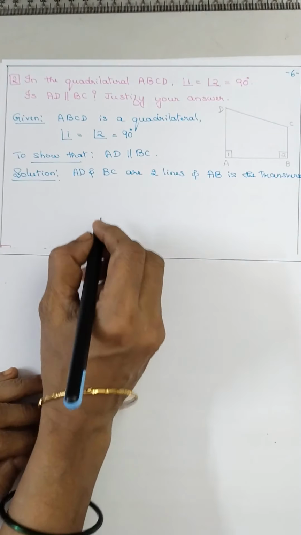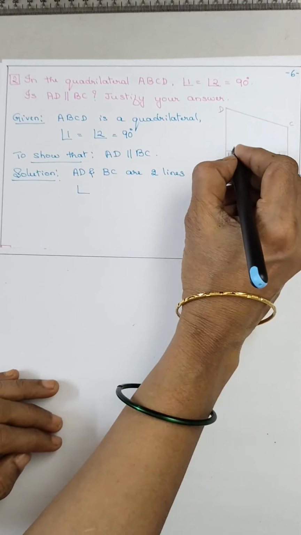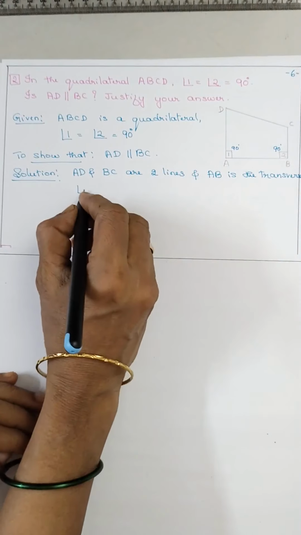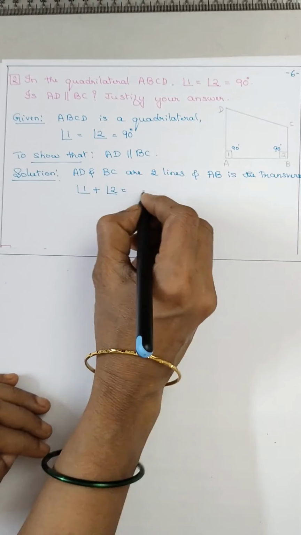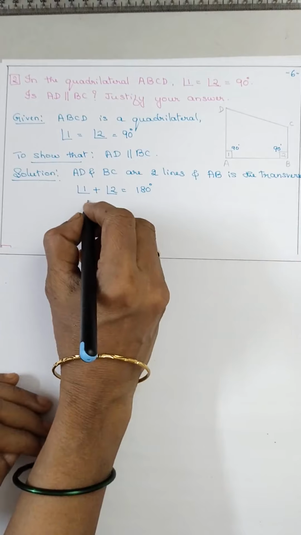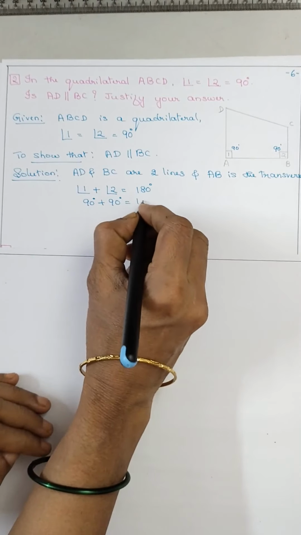They have told angle 1 is equal to 90 degrees, angle 2 is equal to 90 degrees. When we see, angle 1 plus angle 2 is equal to 180. How? 90 plus 90, you get 180.